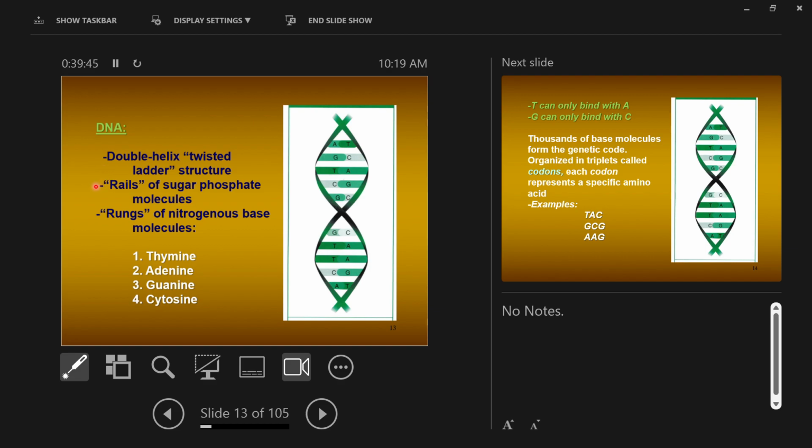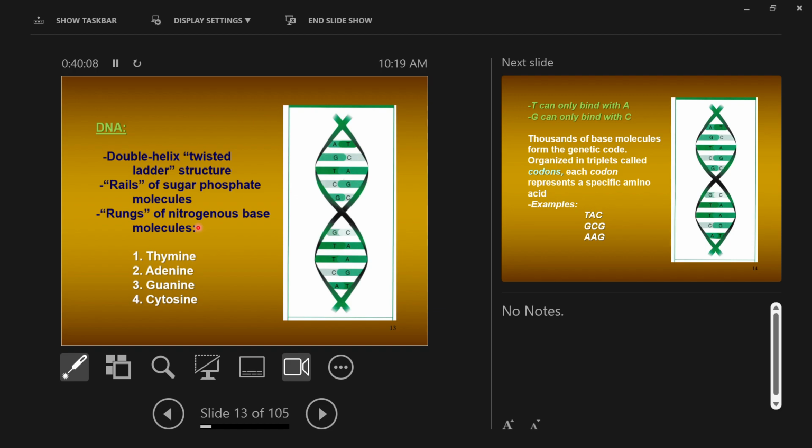The rails of the ladder, which carry no information, are just there to hold the rungs together. The rails are made of sugar phosphate. And the rungs, which do carry the genetic code, the rungs are the information. The rungs are made of nitrogenous base molecules.